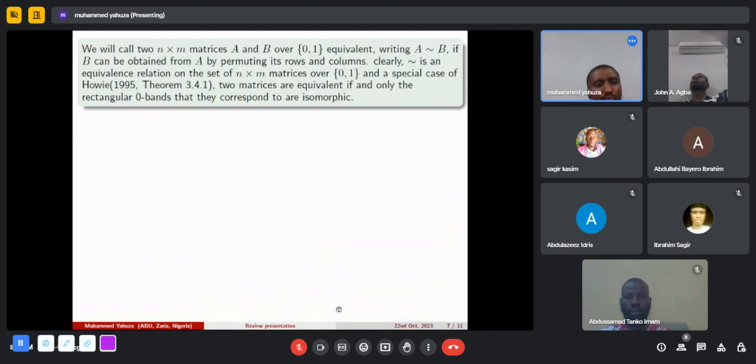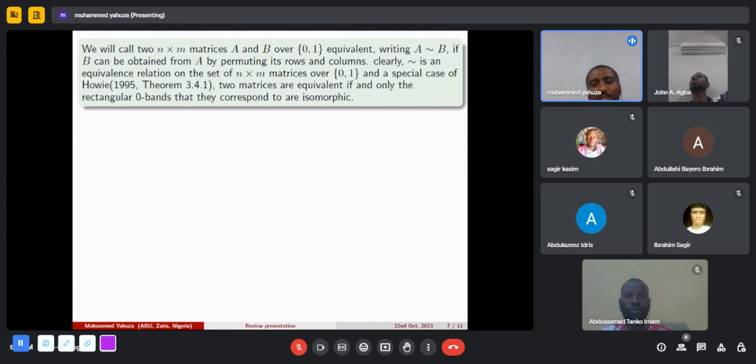Now we'll call two n by m matrices A and B over 0 and 1 equivalent, writing A equivalent to B, if B can be obtained from A by permuting its rows and columns. That is, if you can permute the rows of A and from there get the matrix B, then you say A is equivalent to B. Permuting rows and columns means just interchanging the rows or columns.